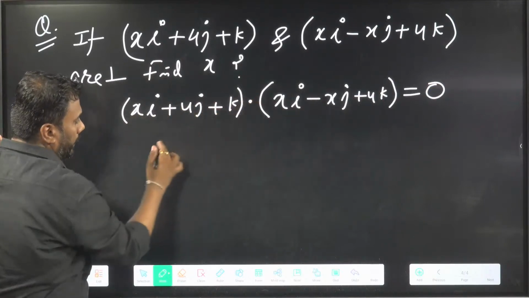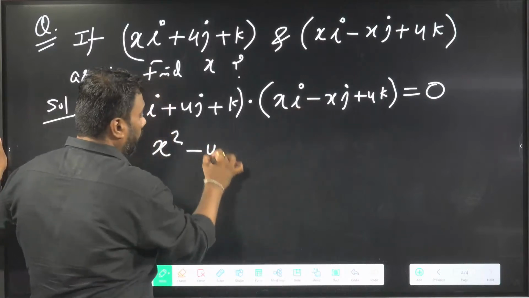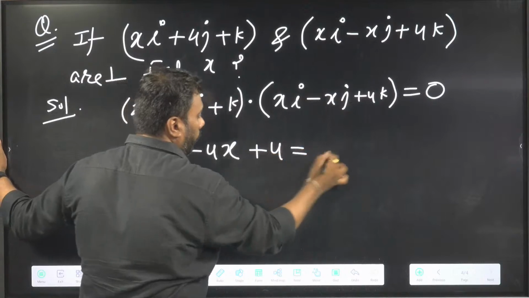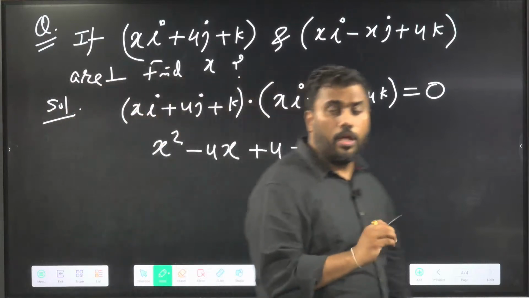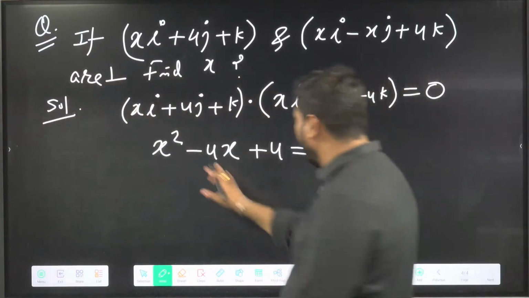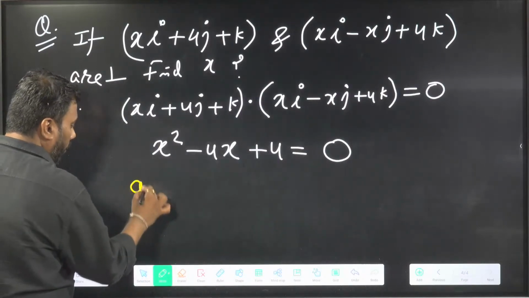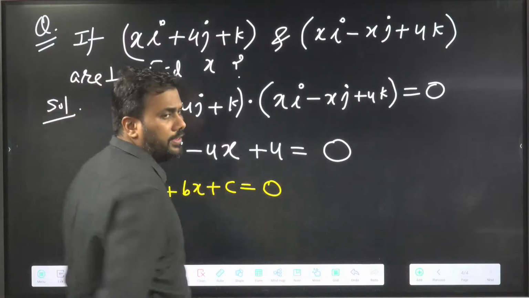Now x into x is x square, 4 into minus x is minus 4x, 1 into 4 is 4, so x square minus 4x plus 4 is 0. So we are getting a quadratic equation now. How to solve a quadratic equation? The general quadratic equation is of the format ax square plus bx plus c equal to 0.